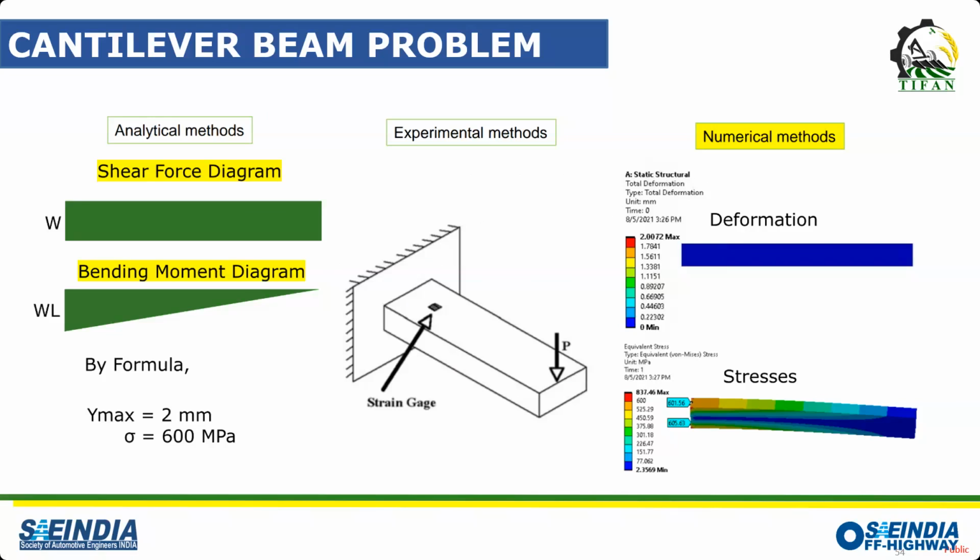The same thing if we simulate in FEA. This is the beam that we have simulated. We have constrained here. You will see a deformation of 2 mm, and at the same time stresses of 600 MPa. Here we are getting 600, here we are getting 600, 601, or on the bottom side 605.